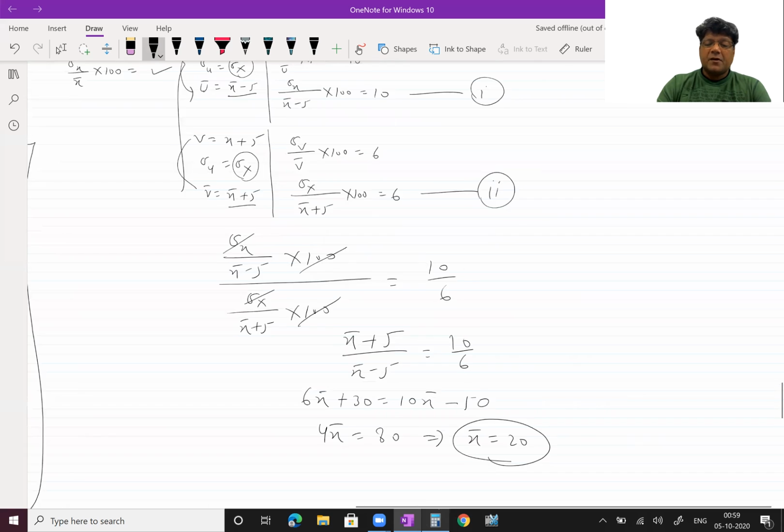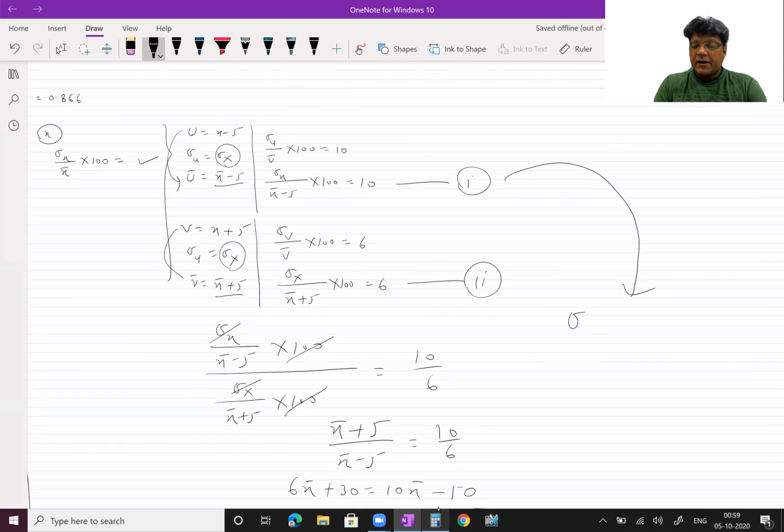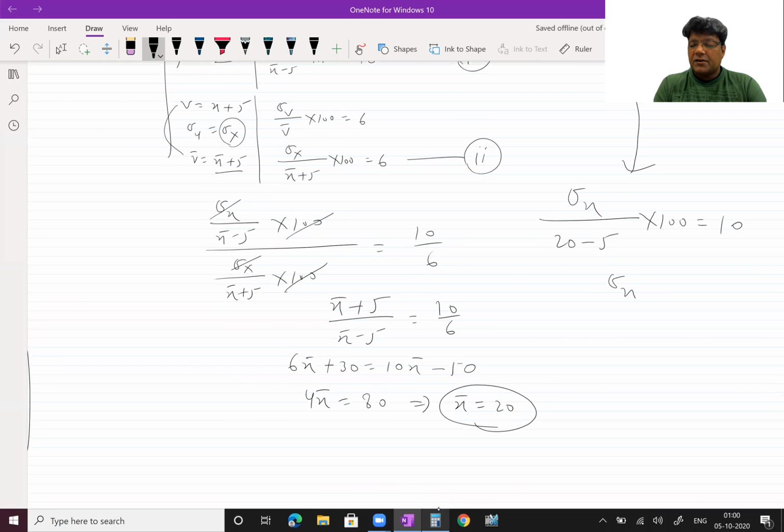Now this x bar value we will substitute in any one. Suppose I am substituting here. So sigma x by 20 minus 5, into 100, is equal to 10. So sigma x by 15 into 100 is equal to 10. Cross multiply. Sigma x into 100 is equal to 150. So sigma x is equal to 150 by 100, that is equal to 1.5.